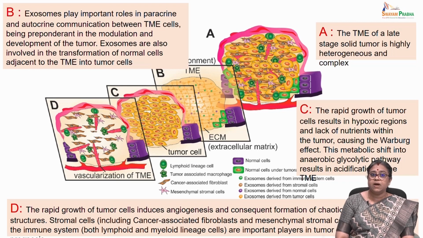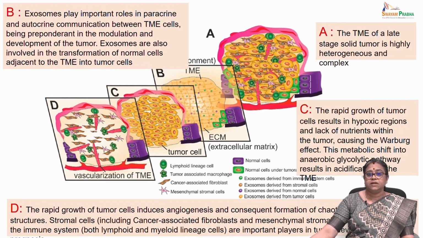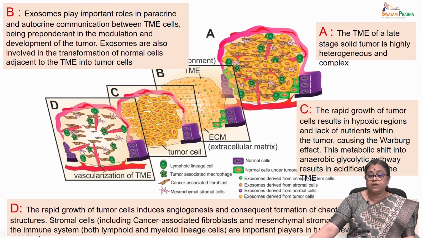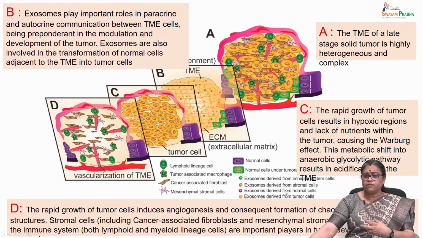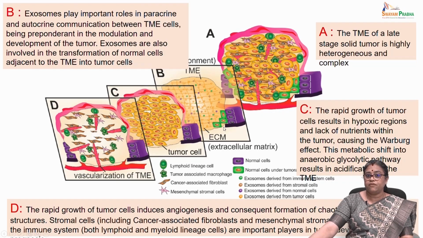You may have different types of exosomes, like those derived from the immune cells and from the stromal cells. So from the normal cells, every single type of cell present in the ECM will form different kinds of exosomes, and all these exosomes have extensive communication in the tumor microenvironment.